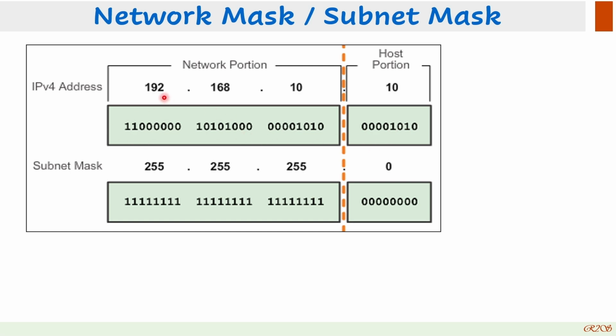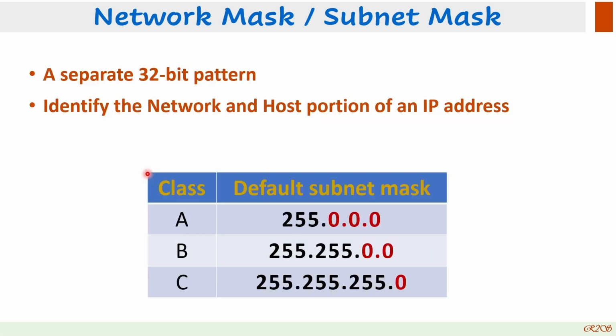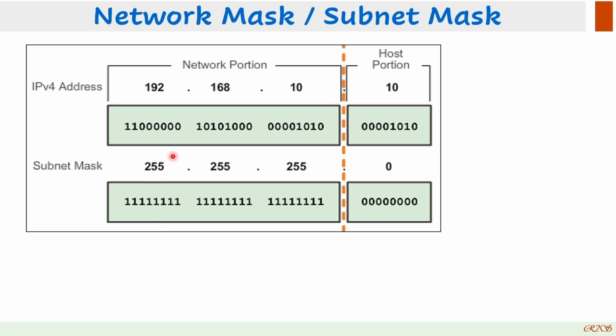This is 192.168, so that means this is by default a class C network address, and the default class C subnet mask is 255.255.255.0. If we convert this to binary, all these are 1 and this is 0.